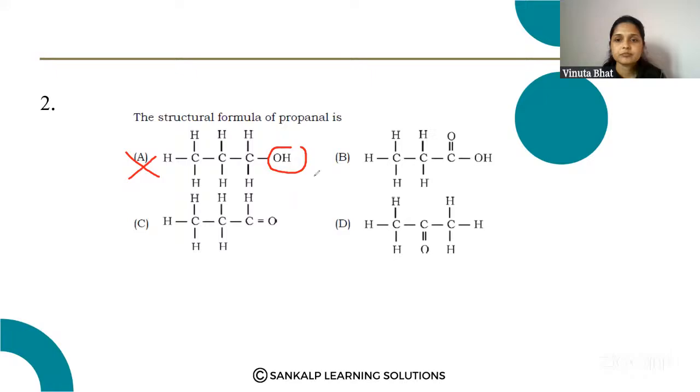Here a COOH group is attached, C double bond O, OH. In option C, see the double bond O and H, yes, this is the correct one. Here the O is directly attached, so the other is wrong. Option C is the correct answer. Please note down the question.